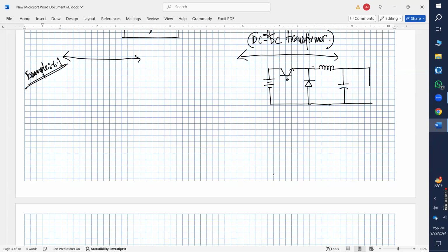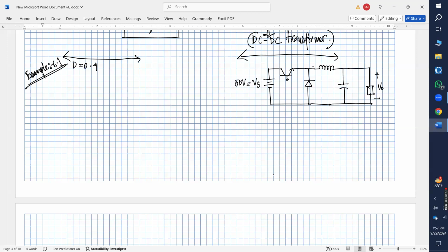So suppose we have a simple DC to DC buck converter like this. This is my output voltage V naught. This is my input voltage Vs, and this Vs value is given as 50 volt. Then your duty cycle is given as 0.4.